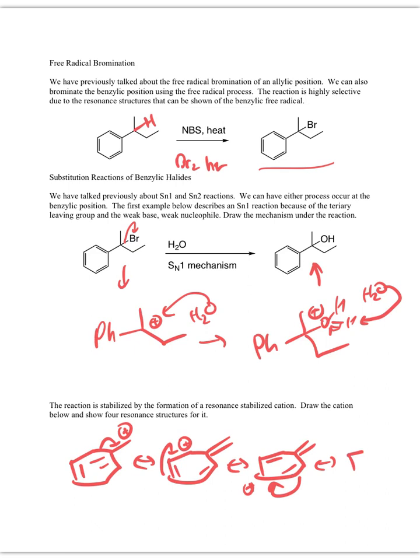All we can move are the double bonds. And we have to draw the resonance arrows in between each structure, and we have to show the movement of the electrons as we're going around. So that gets us there. That's why that benzylic cation is so stable. The benzylic radical is also stable because you can resonate the radical around the ring.